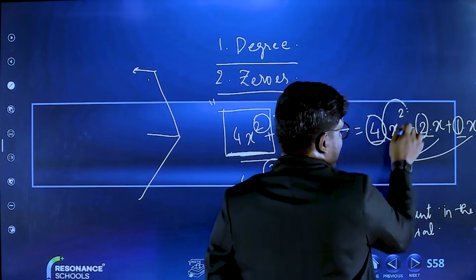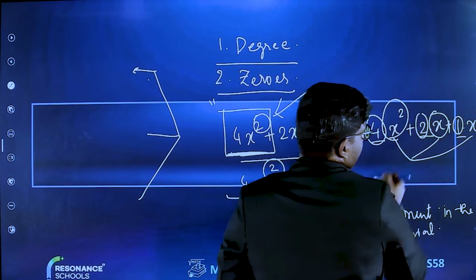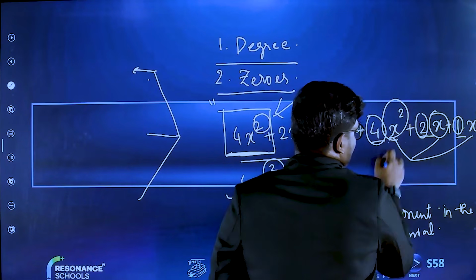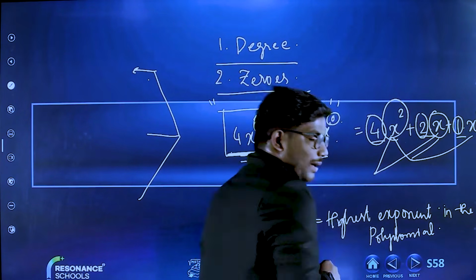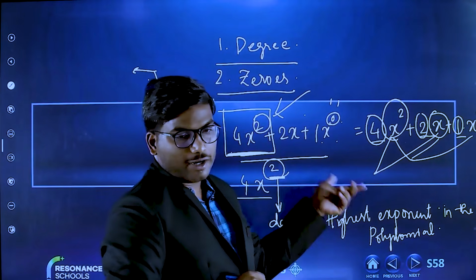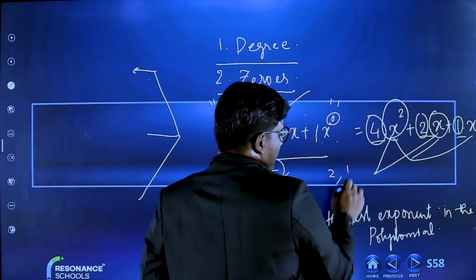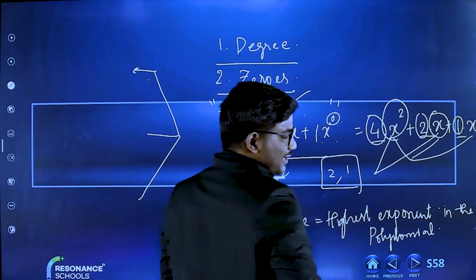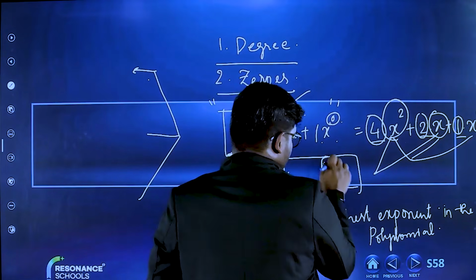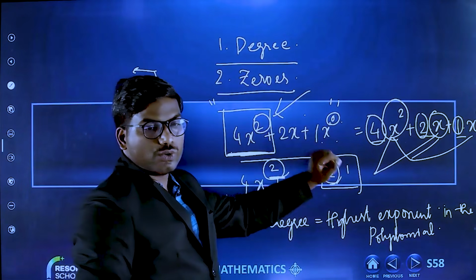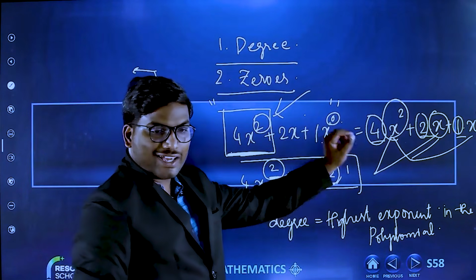One of them is x square, and then there is x power 1; x power 0 is not particularly a variable. The exponent of x square is 2 and the exponent of x is 1. Now, which is the highest number among these? It's definitely 2. So 2 is going to be the degree of this polynomial.